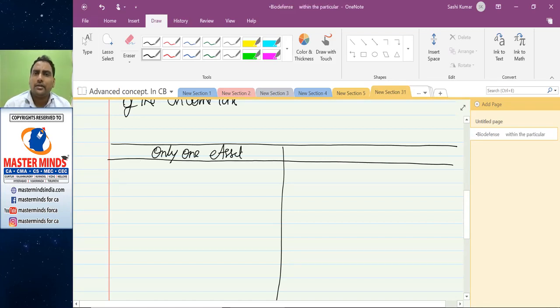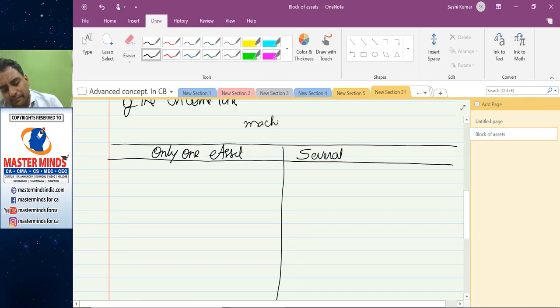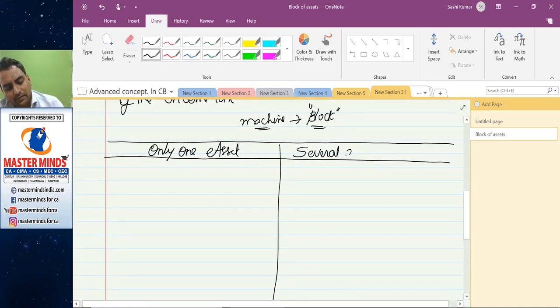If it is the only asset in the block, then the treatment would be separate. Suppose you want to purchase a machine. All machines will be classified as a separate block. First you have to check whether you have any similar assets like this machine. If yes, that is classified as several assets in the block. If I don't have any other assets in the block, in that case, this is classified as only one asset in the block.